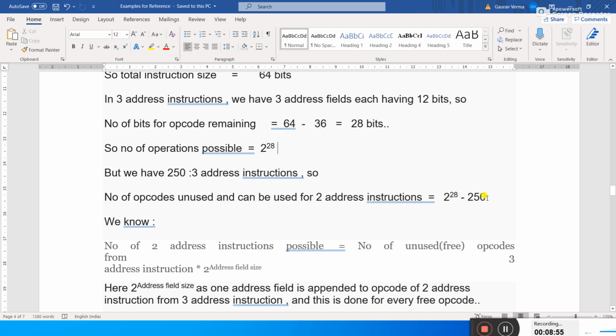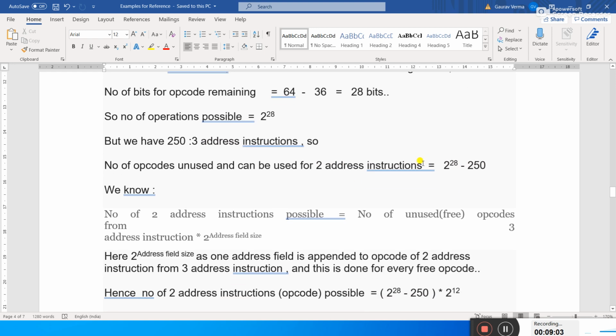We have to subtract this value, 250, from 2 to the power 28. Whatever value I get will be the address space for either 2 address, 1 address or 0 address instructions.